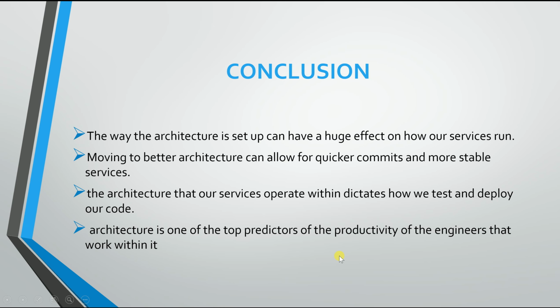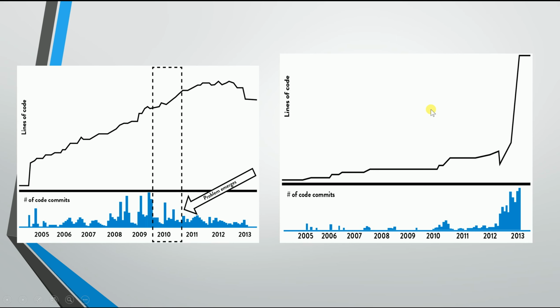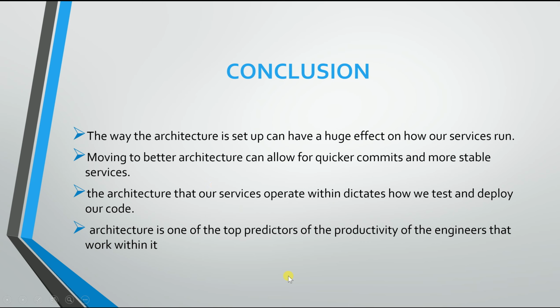So in conclusion, the way the architecture is set up can have a huge effect on how our services run. Good architecture here, poor architecture here. Moving to better architecture can allow for quicker commits and a more stable service. The architecture that our services operate within dictates how we test and deploy our code.